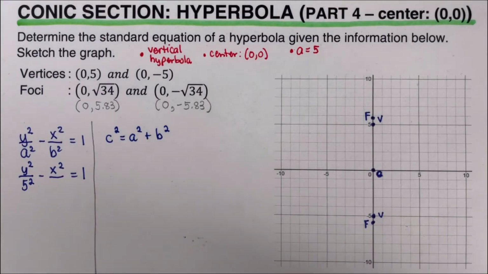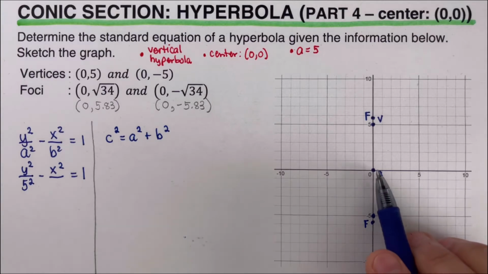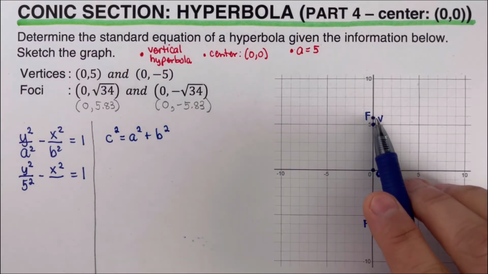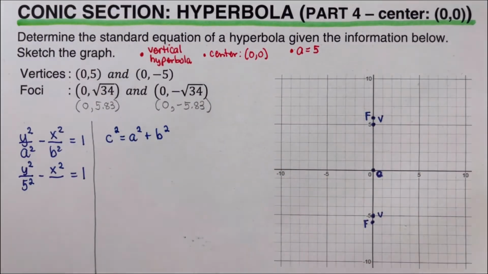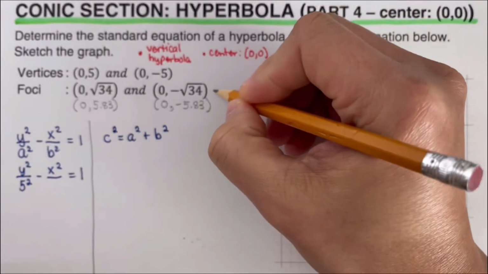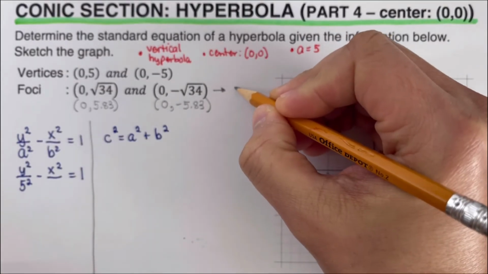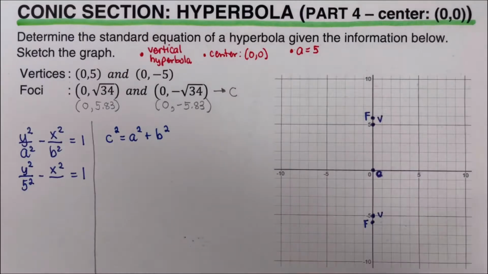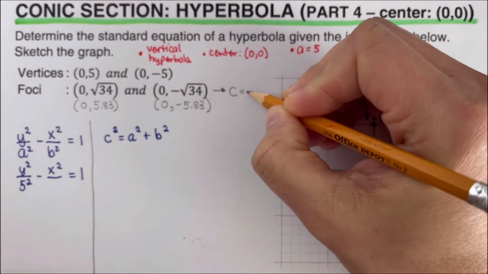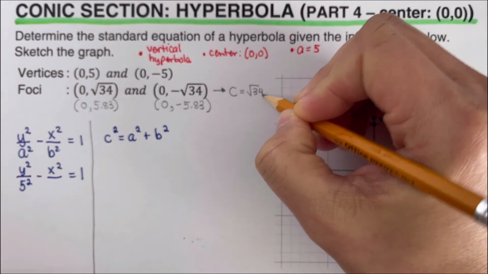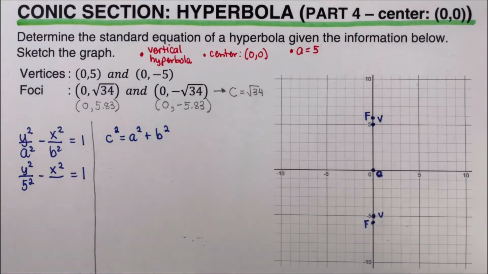Looking at this, the distance from the center to the focus is square root of 34. So we can write that the distance from the center to the focus, which is represented as letter c, is equal to square root of 34. So I go ahead and plug that in here.